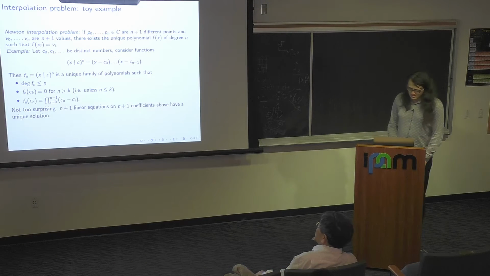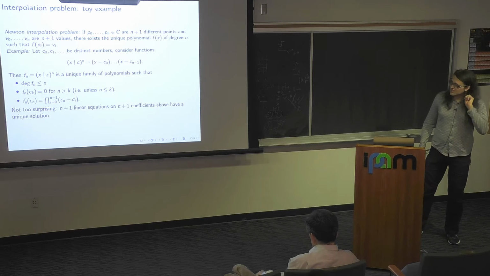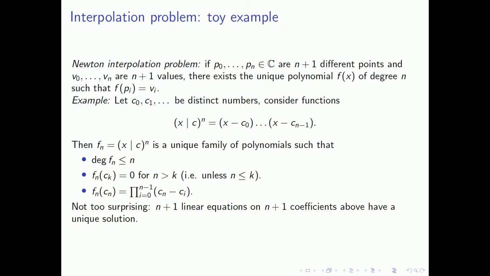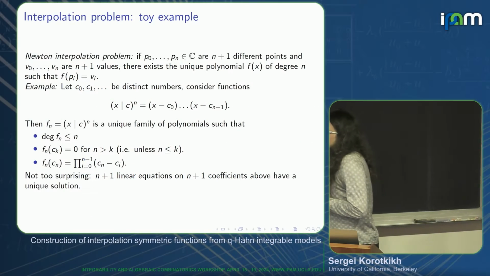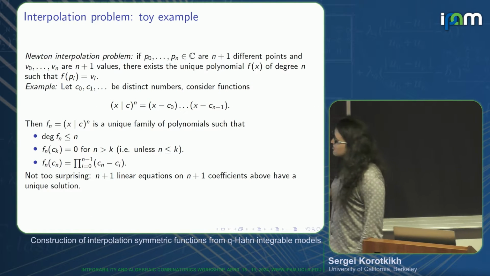First of all, let's talk about interpolation problems, and let's start with a very simple toy example as a warm-up. Remember this basic fact that if you have a polynomial in one variable of degree n, then it is uniquely determined by its values at n plus 1 different points. For our purposes, the important example will be the following.